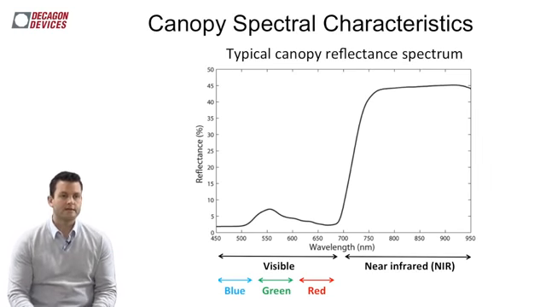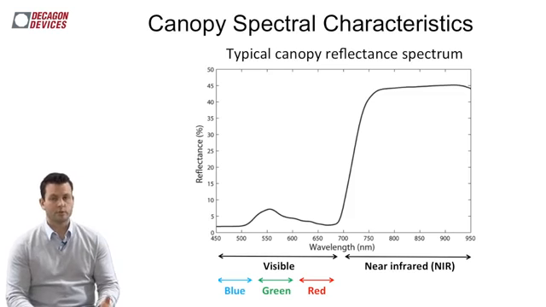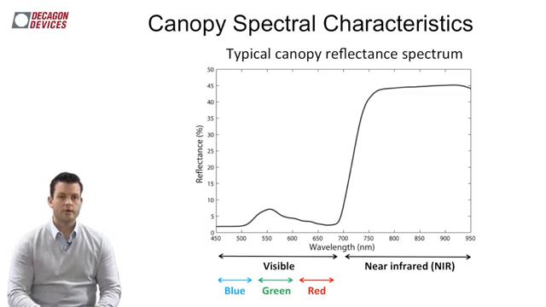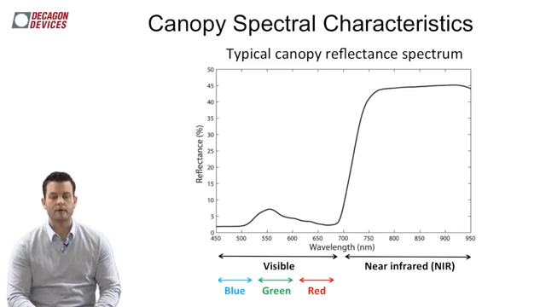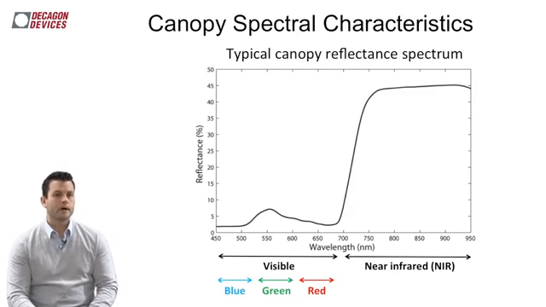My plot ranges from 450 to 950 nanometers. This covers the majority of the visible range on the left, and on the right, as we pass about 700 nanometers, we enter the infrared, specifically the near-infrared portion of the spectrum. And as I showed you before, the visible covers the blue, the green, and the red.